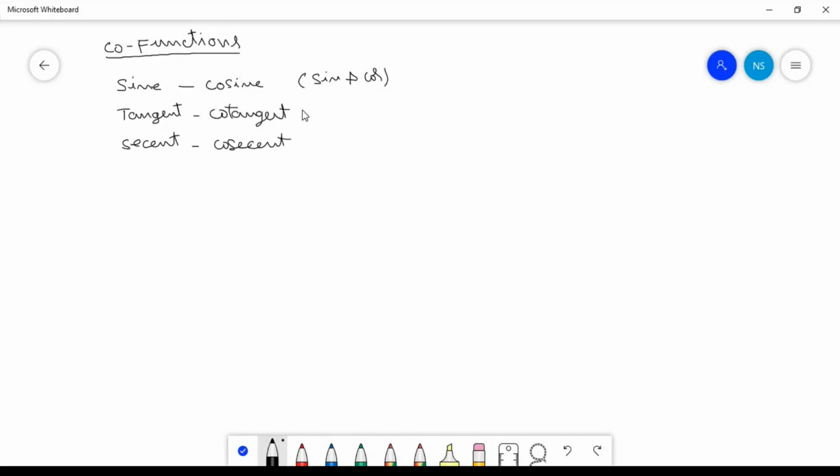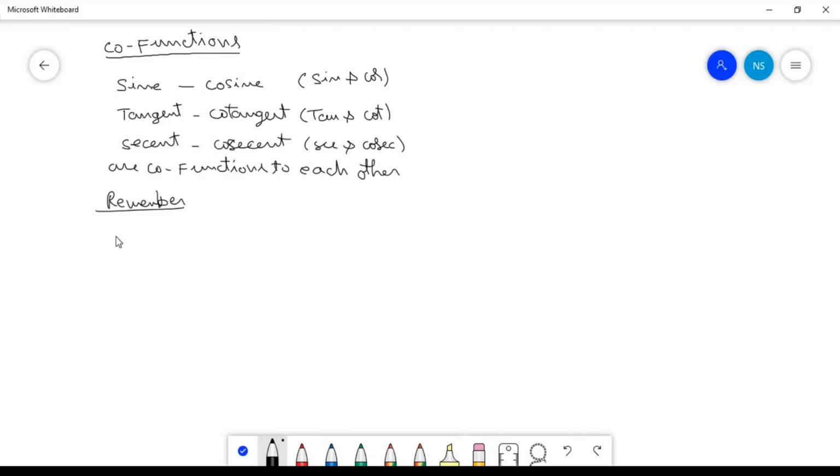Tangent and cotangent means tan and cot. Secant and cosecant are sec and cosec. They are co-functions to each other.